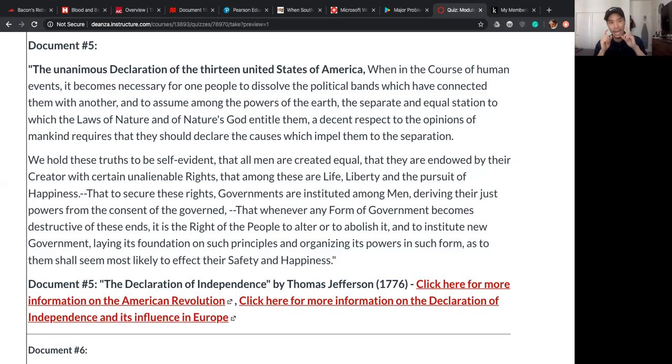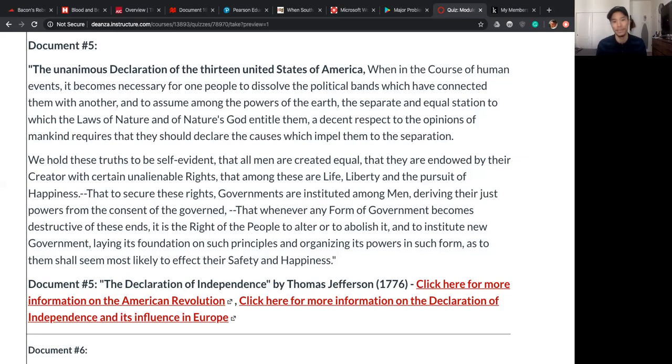And in this document, you can clearly see the ideas of the Enlightenment enshrined in the founding of America. Because America is a nation built not on ancestry. It's not built on a religion. It's not built on an individual or a monarchy, but America is a nation built on ideas.